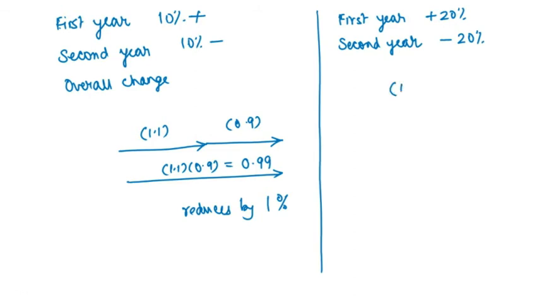Increases by 20%, 1.2. Reduces by 20%, 0.8. Now 1.2 into 0.8 is 0.96. Alright. So 0.96. What does 0.96 mean?